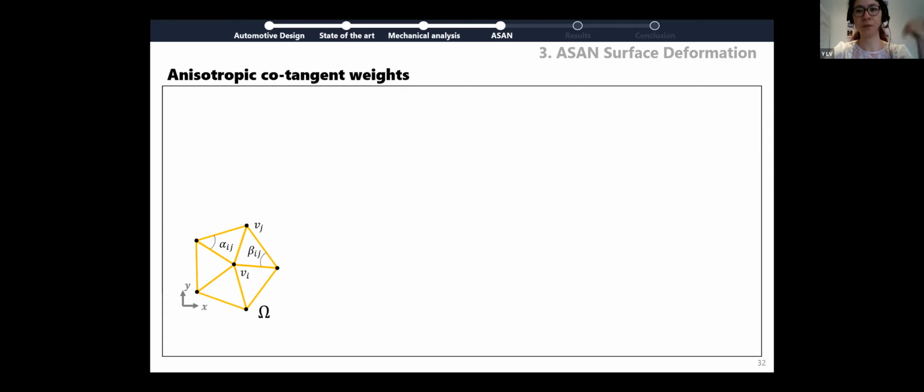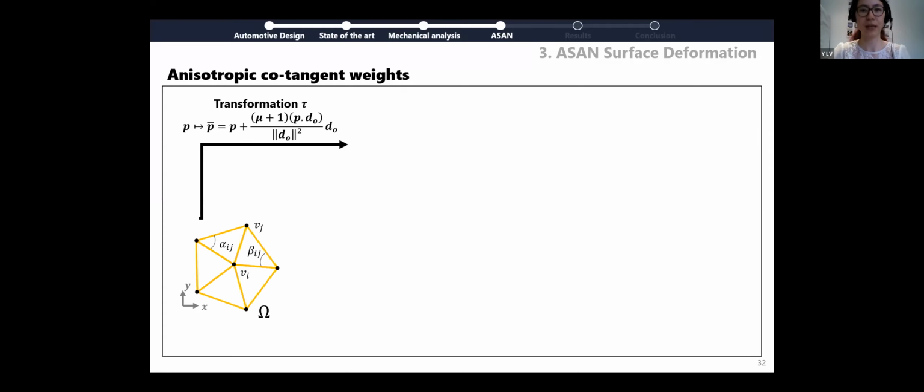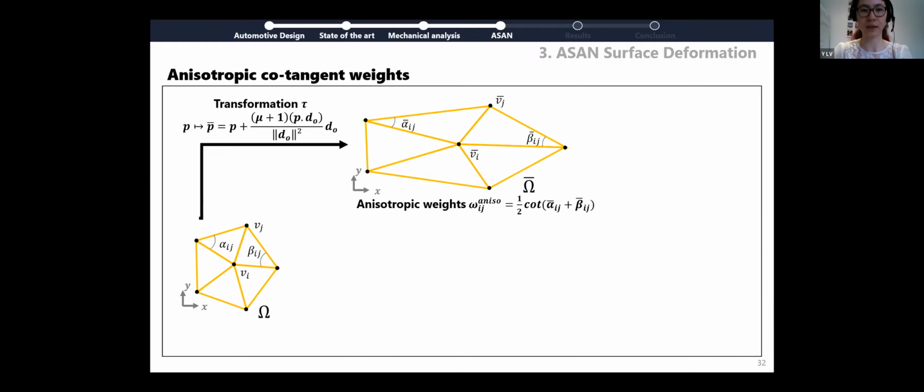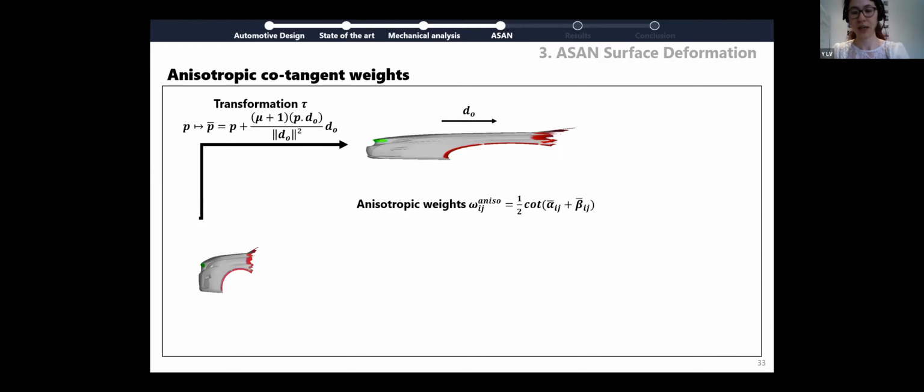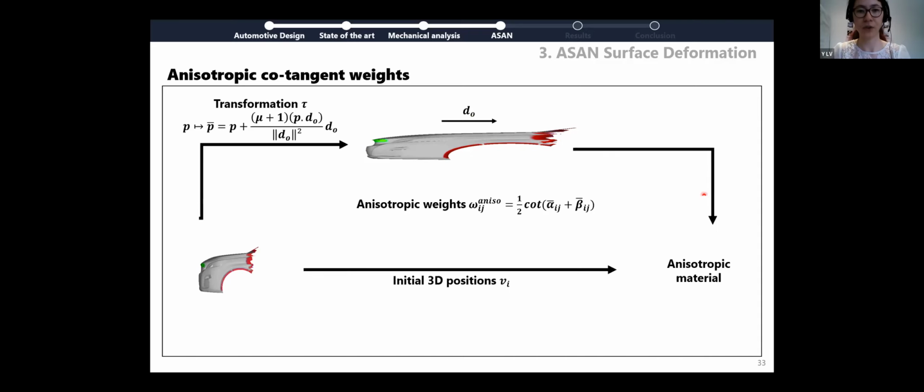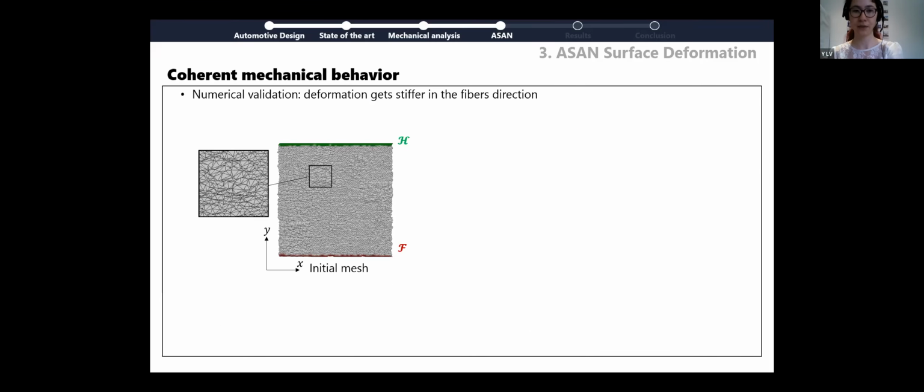So we transform the 3D mesh by stretching the model and compute the anisotropic weights on this stretched mesh. And then the combination of these anisotropic weights with the initial 3D positions gives us our anisotropic material. So this way we obtain our mechanical behavior from a geometric transformation without having the user deal with the mechanical parameters. So in order to validate our mechanical behavior, we realized traction tests similar to real-life mechanical tests.